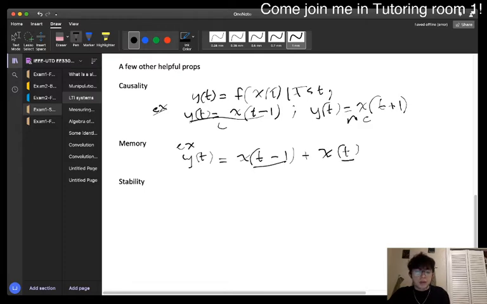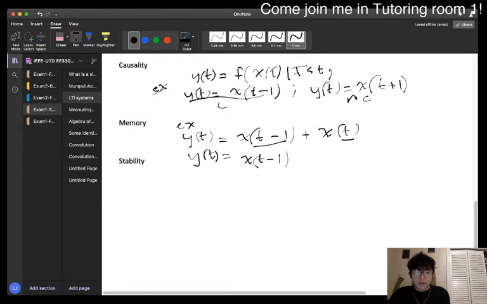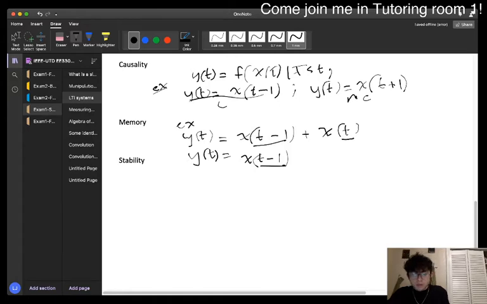But if we have y of t equal to x of t minus 1, this also has memory because we're going to have to store this value, t minus 1. This isn't the present value. So this one has memory, this one also has memory.